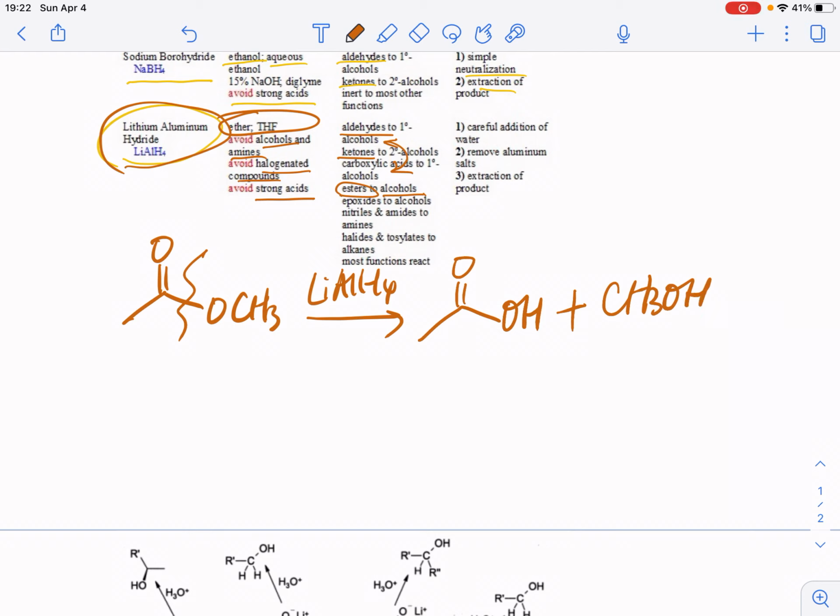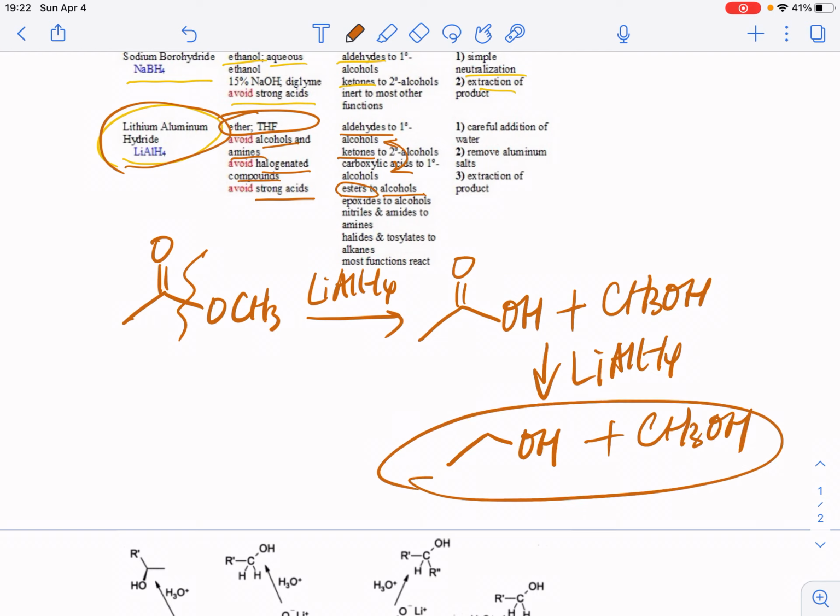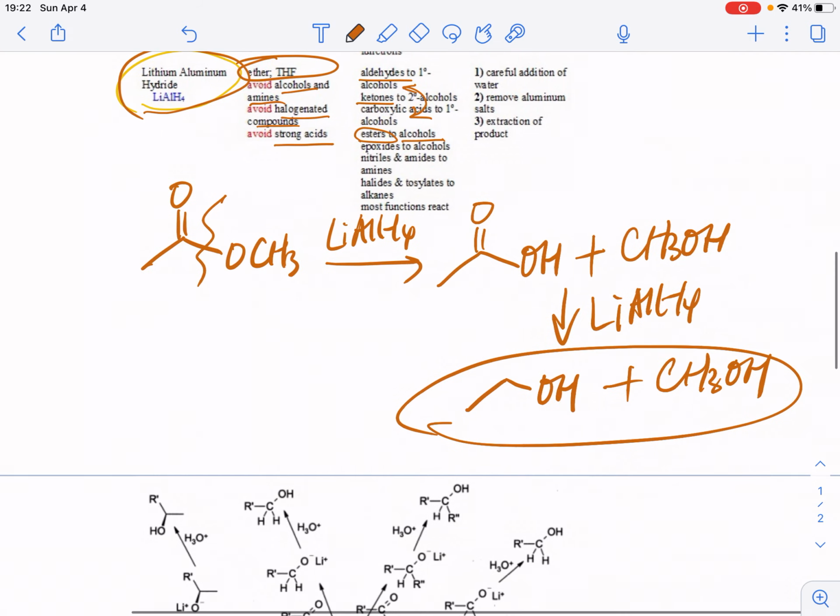No, because your acid can also be reduced by lithium aluminum hydride, right? Which means that it's going to be reduced to OH and methanol, all the way to the alcohol, right? That's what the lithium aluminum hydride will do. And your sodium borohydride will not react with an ester.